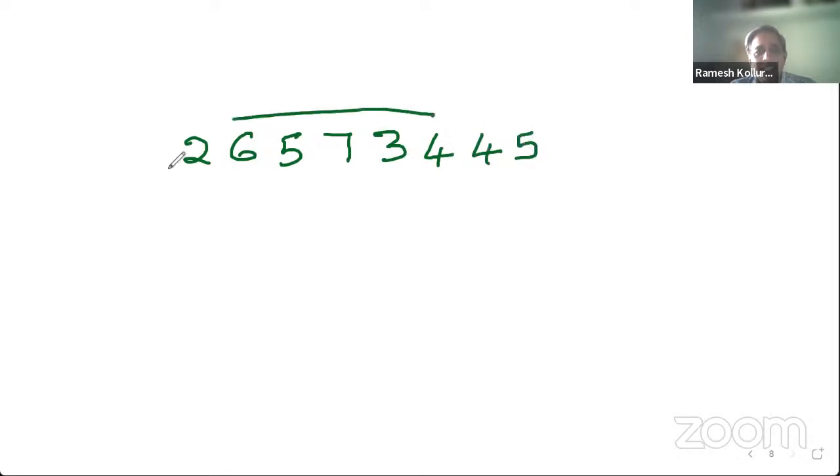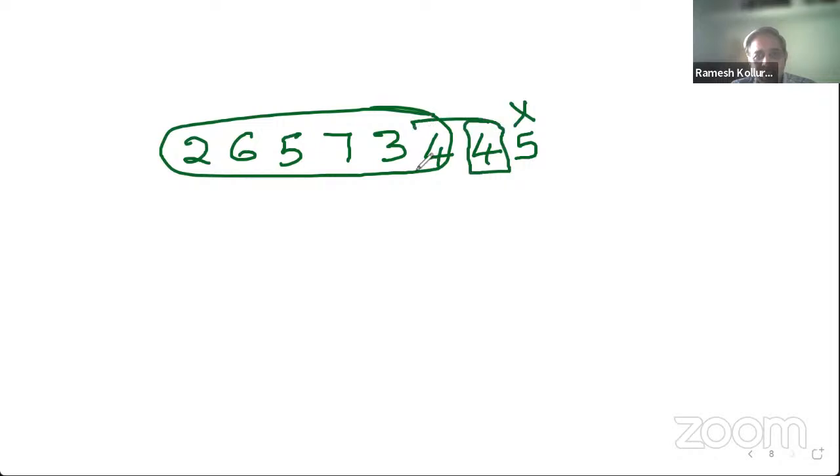Anyhow, nines and all are there, so I'm ignoring those. I'm only focusing on the last 2 digits. These are all nines: 2, 7, 9, 6, 3, 9, 5, 4, 9. 45 is remaining, but I don't know which quadrant. And 4, 5 also makes 9.